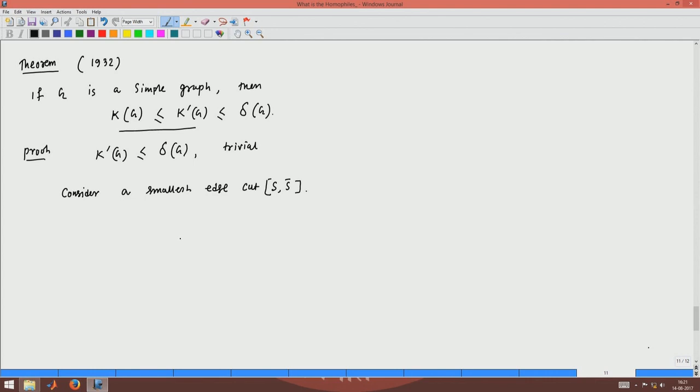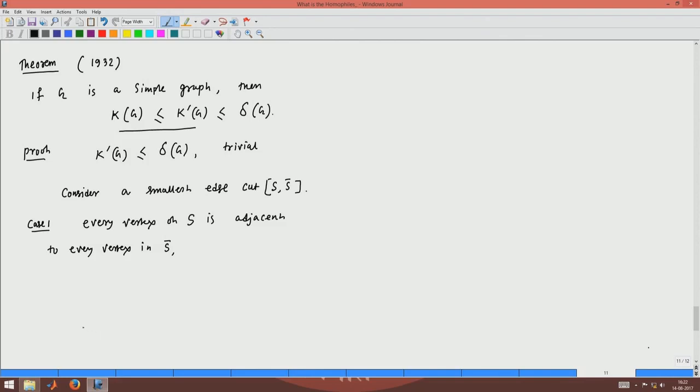Now, case 1 is that every vertex of S is adjacent to every vertex in S complement. So, this happens when the graph is, say, a complete graph.